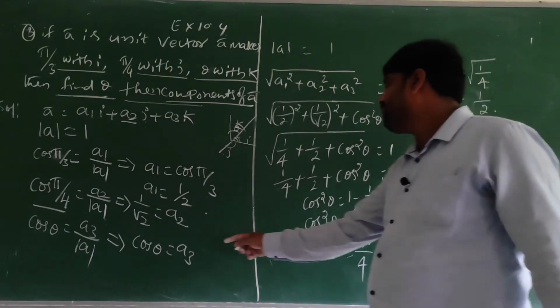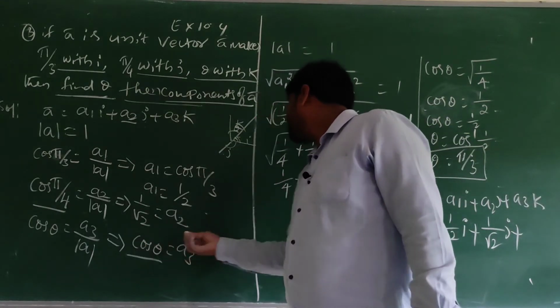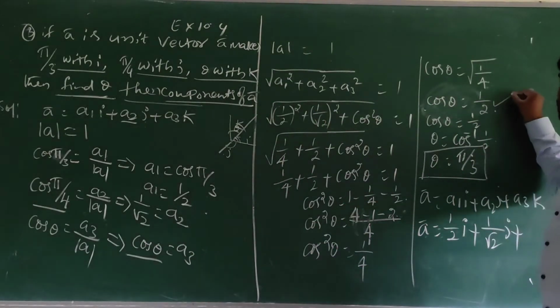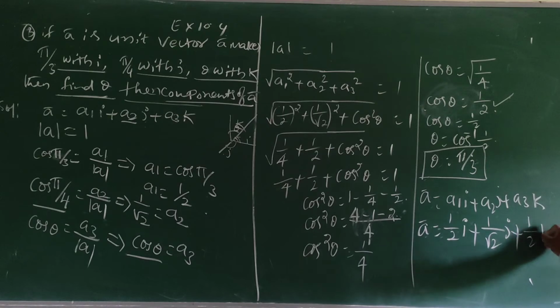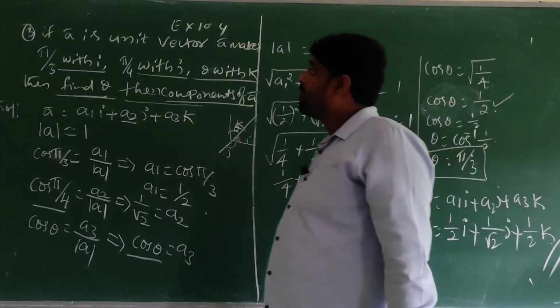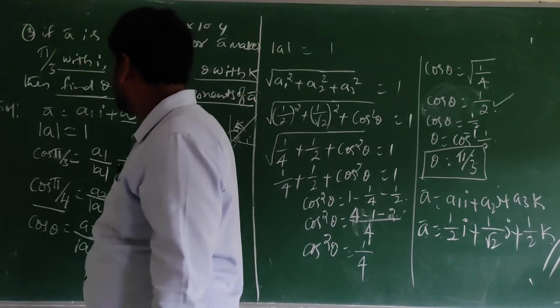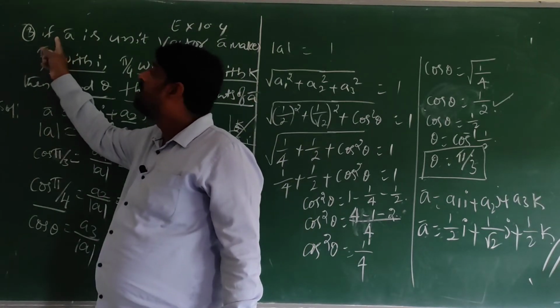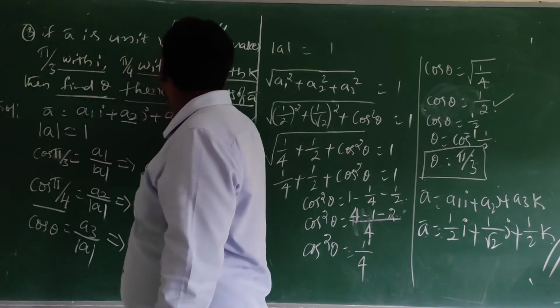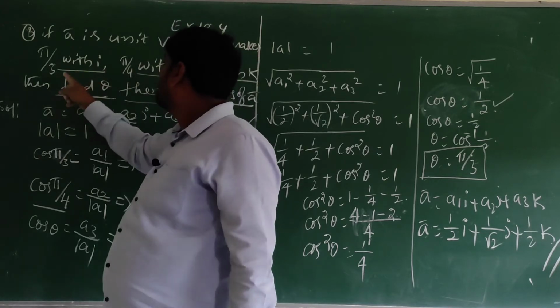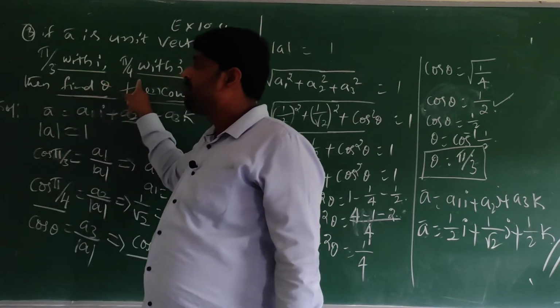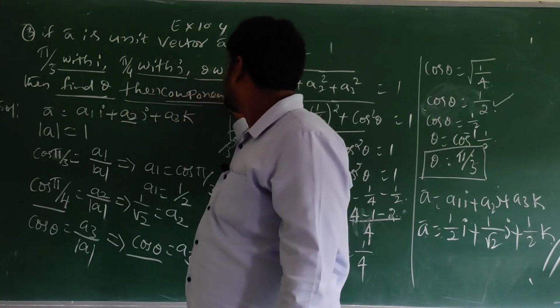What is A3? A3 is cos theta. What is the cos theta value? 1 by 2, so 1 by 2 K cap. This is the solution for exercise problem number 3. So once again observe here, A bar is a unit vector, A bar makes an angle pi by 3 with I, pi by 4 with J, theta with K.